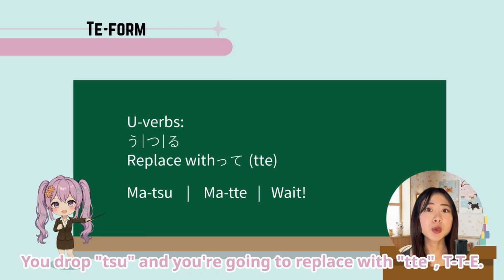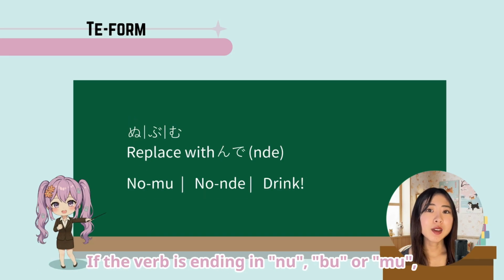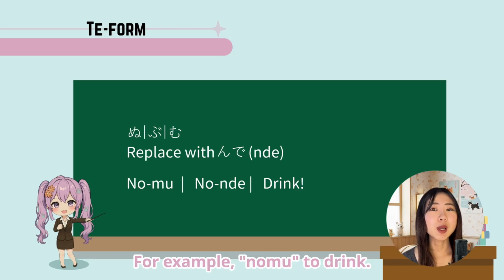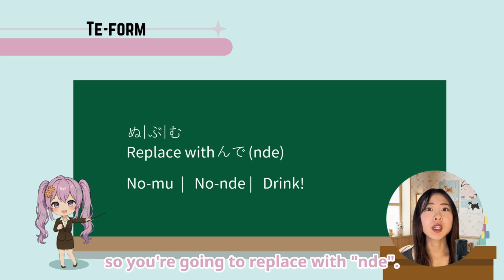You will drop tsu and replace with te, tte. There is small tsu. If the verb is ending in nu, bu, or mu, you're gonna replace them with nde. For example, nomu, to drink. It's ending with mu, so you're gonna replace with nde.